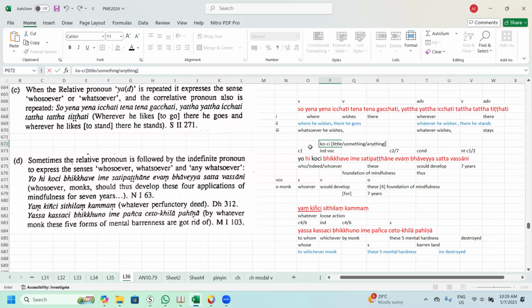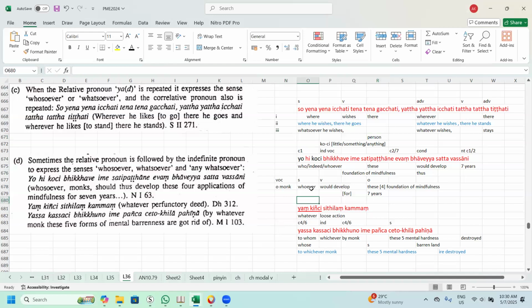So in this case, this and this combine, we will take whoever, because this is not referring to things, it's referring to a person. So if it's a person, any person, some person, or anybody, somebody. So that is how it works. Somebody, anybody, someone, anyone, everyone. So that is how it works.